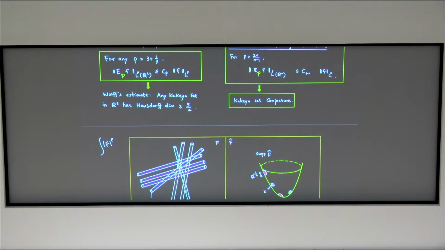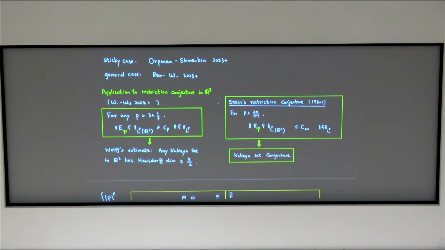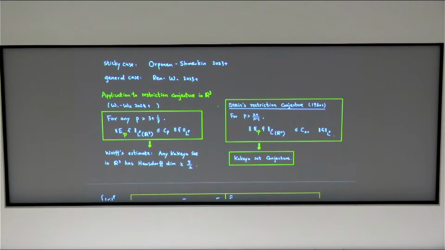So I don't know what he had in mind. So yes, maybe previously he had some vision of how this Furstenberg set conjecture is related to his slicing conjecture.